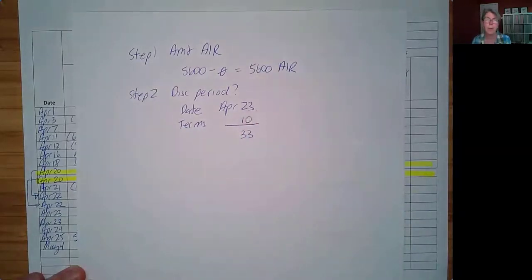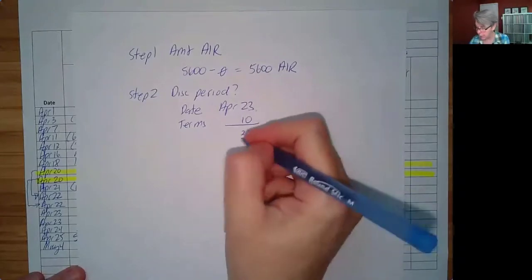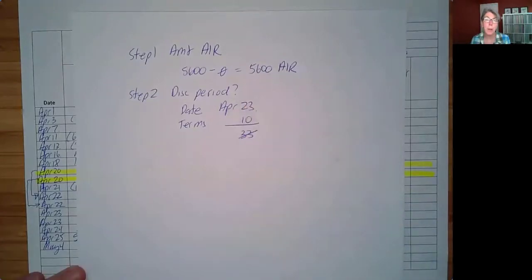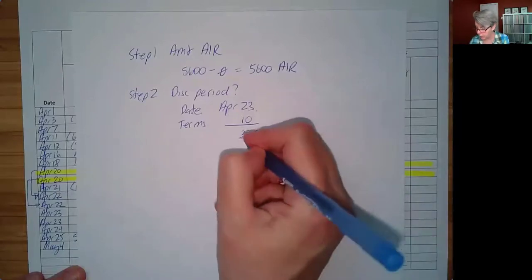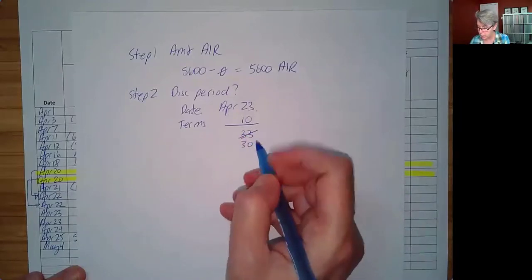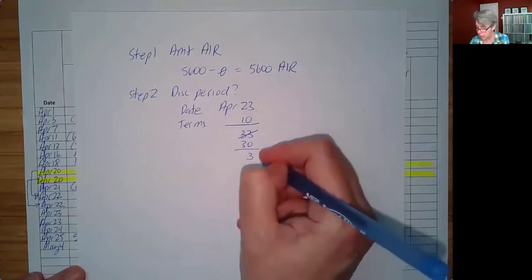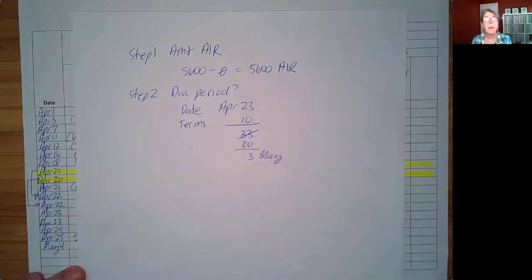Well, we can't do April 33rd. That's not even a thing. So what's the highest amount we can have? 30 days has September, April, June, and November. So April only has 30 days. So if I look at the difference, it means it's the 3rd. So the customer has until May 3rd to take the discount.